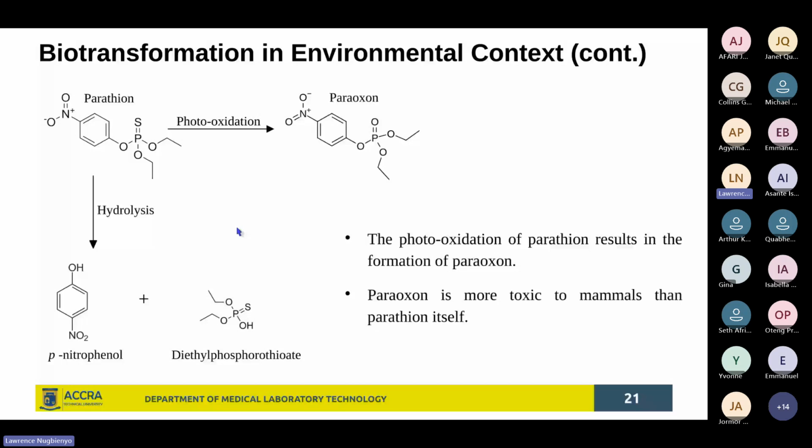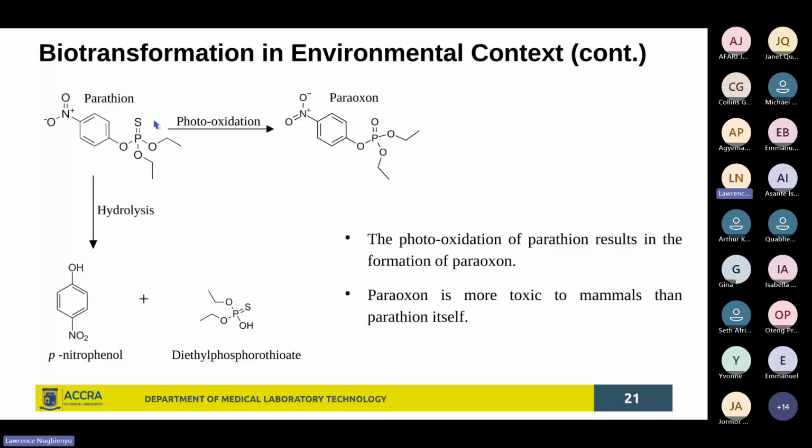Then again, in the environment, you have another example. This is an insecticide, parathion, that can undergo a process of photooxidation to form paraoxon, which can also be toxic to mammals. So this is an example of a toxification reaction. This is not a detoxification, because paraoxon becomes more toxic than the original compound itself, parathion.